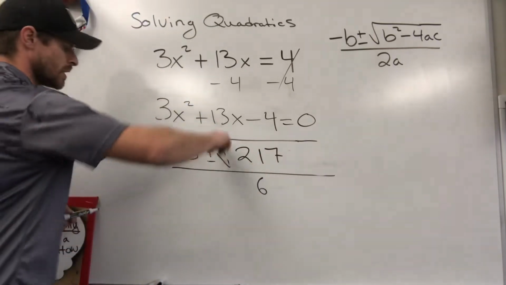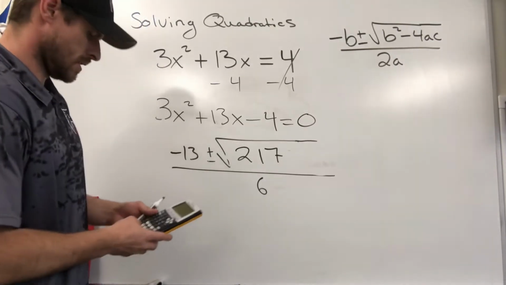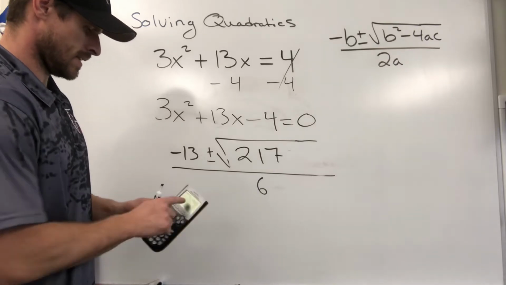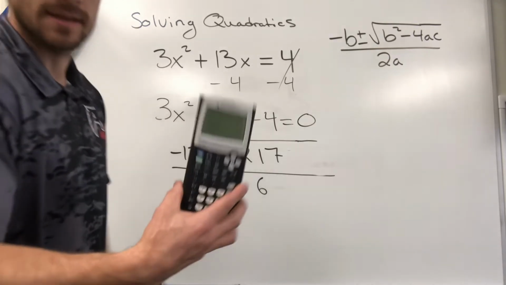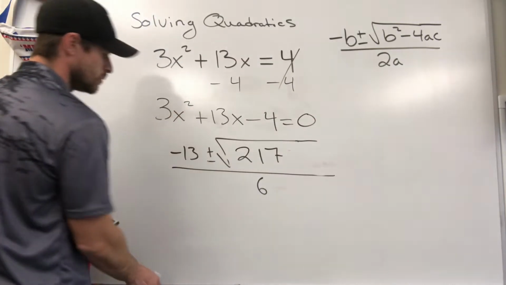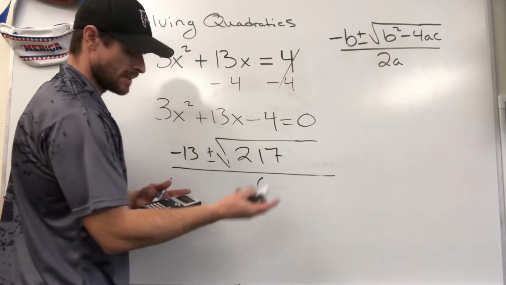Okay, square root of 217 is not going to come out pretty. So I go to my calculator, I say square root of 217, and I write this number down. Now, this is a very long decimal that I'm going to have to write down. Don't do what some of my kids are asking. They took the square root of 217, and then they're rounding this number.